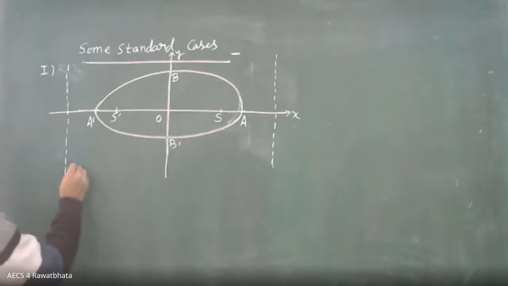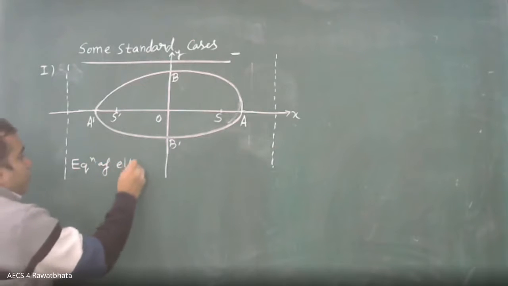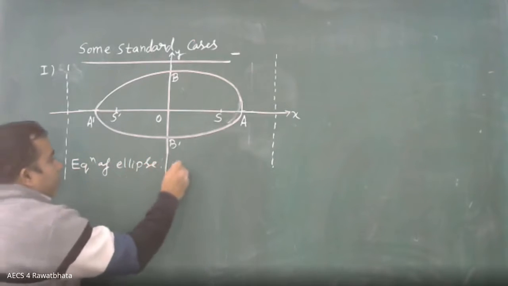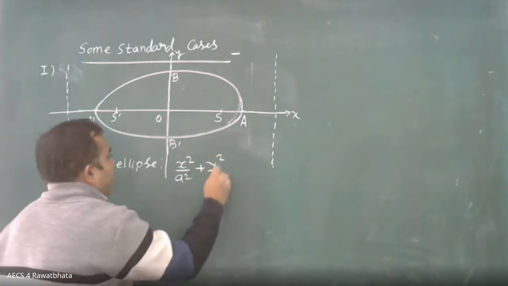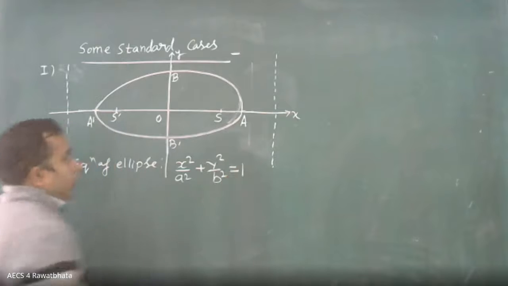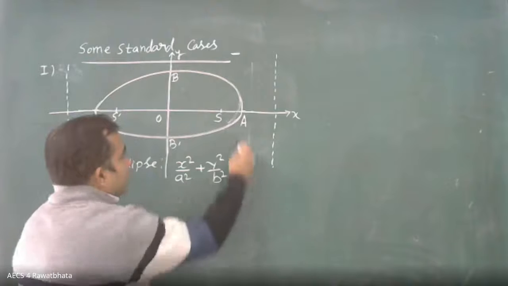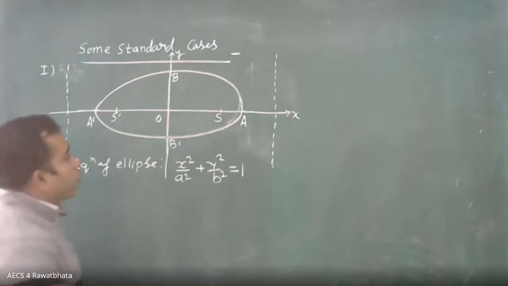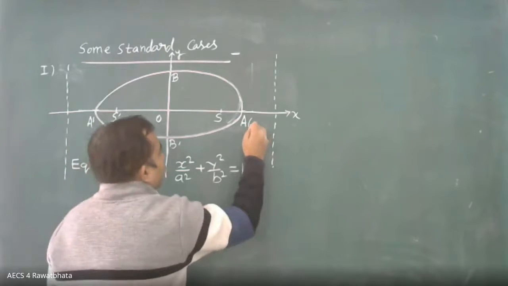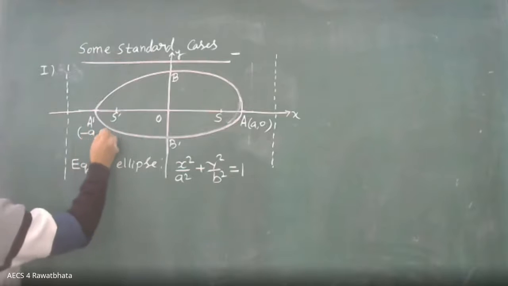Its equation of ellipse is given by x square upon a square plus y square upon b square equal to 1. Here, this A and A dash are called the vertices of this ellipse, so their coordinates are a comma 0 and minus a comma 0.